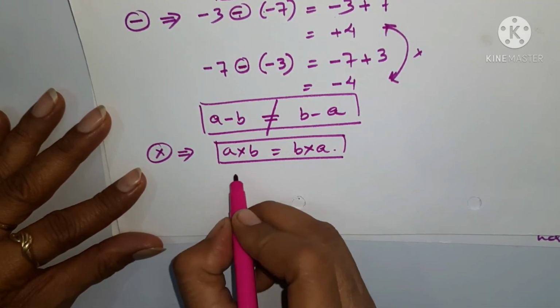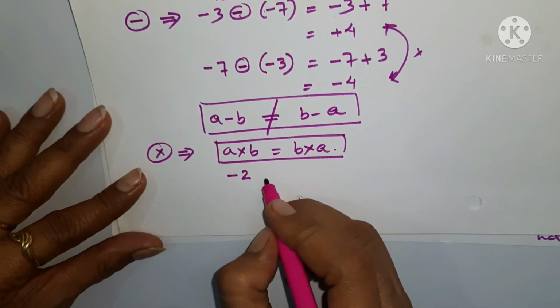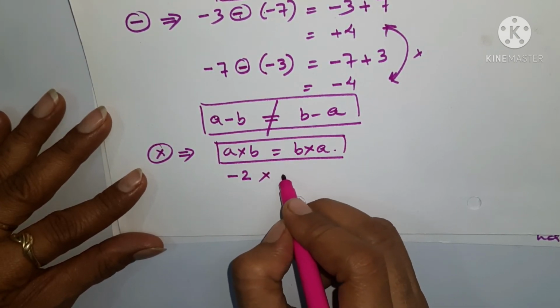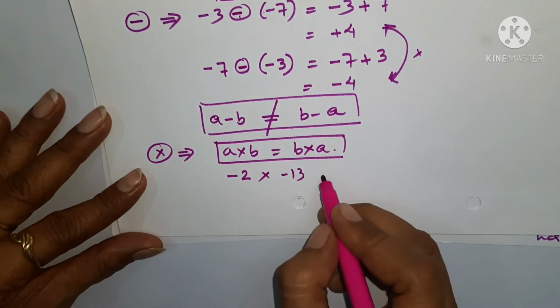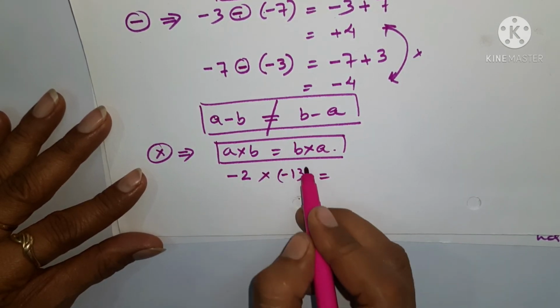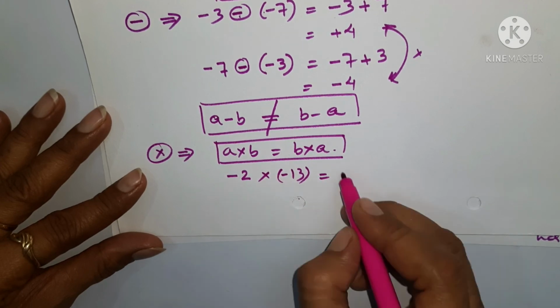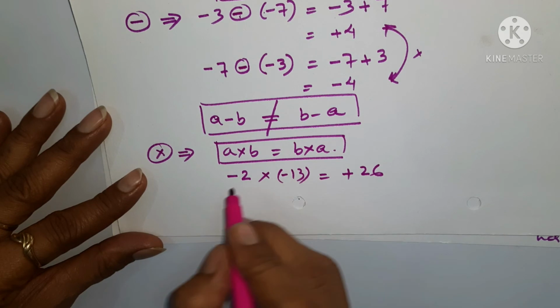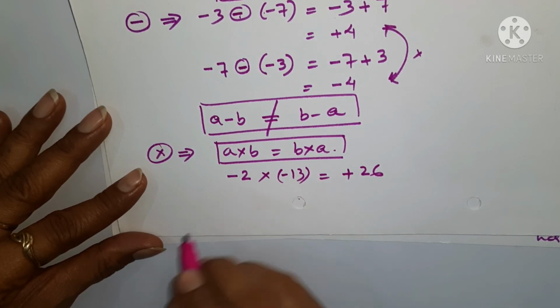That means if you are taking any two numbers, say -2 and into, say your other number is suppose -13. You multiply, what result you are getting, just check. Minus into minus, it is plus, and then 26. Okay, and just reverse the order.